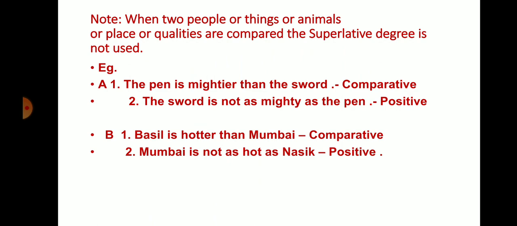Basil is hotter than Mumbai, comparative. Mumbai is not as hot as Nasik, it's a positive. So where you use as, it becomes a positive. When you use er, it becomes a comparative. When you use est, it becomes a superlative.